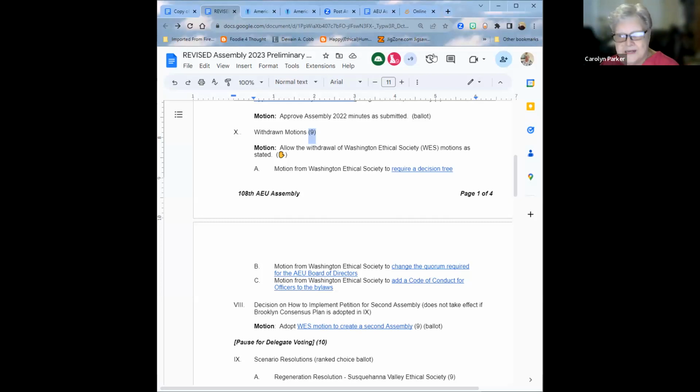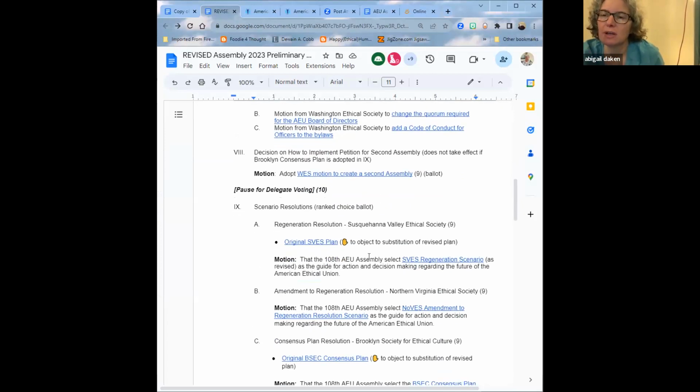Okay, now Abby has her hand up. Yeah, so I read through the voting procedures, and there was one situation with amendments to the motions, any of the motions, that I was confused about. It is clear to me that if there is no objection to accepting the amendment, then the ballot pertaining to whatever that motion is will not include the original version.